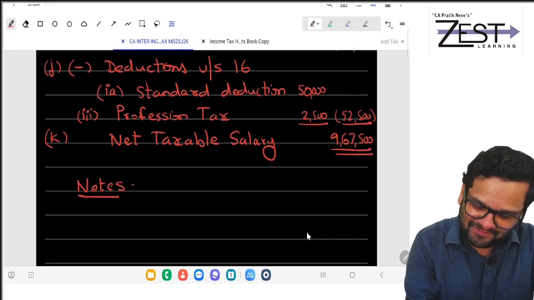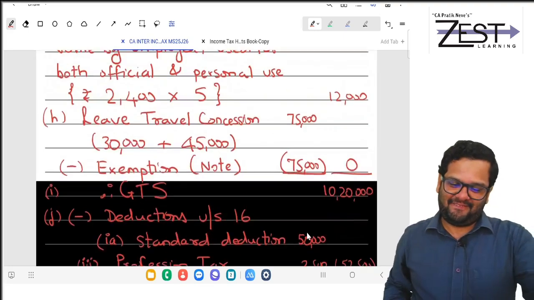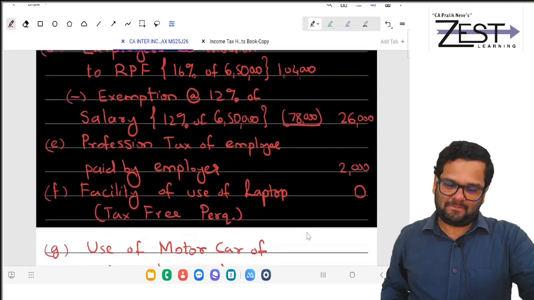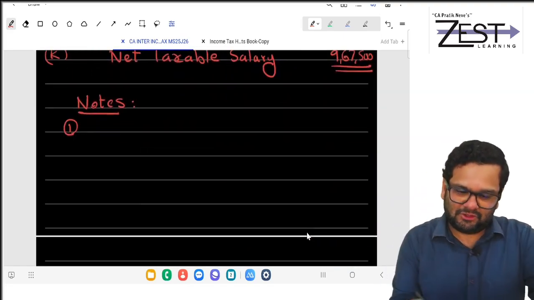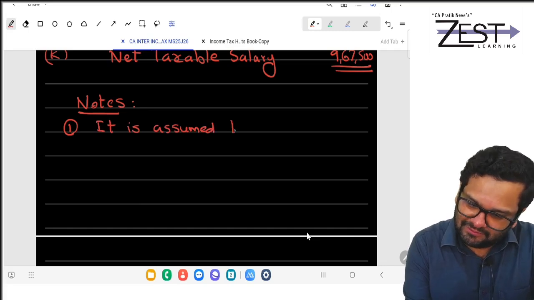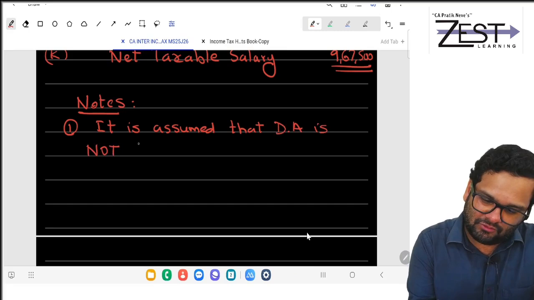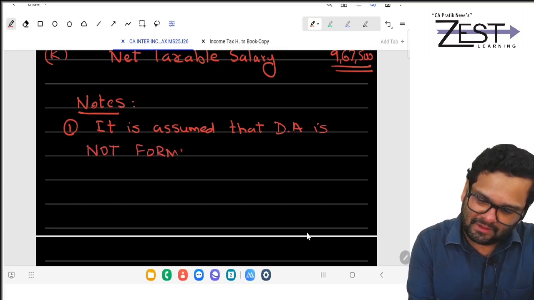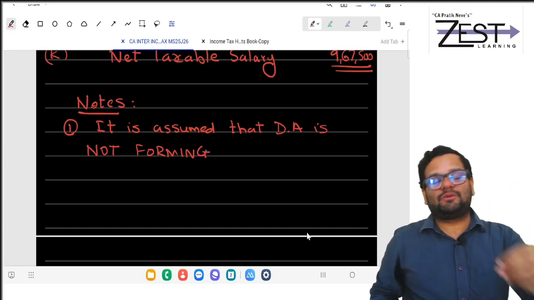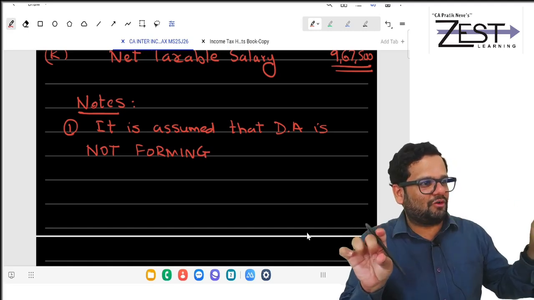Notes. What is first note we want here? So write down. It is assumed that DA is not forming. This is first example where you have to do some assumption. But institute's question paper comes with straightforward instruction.